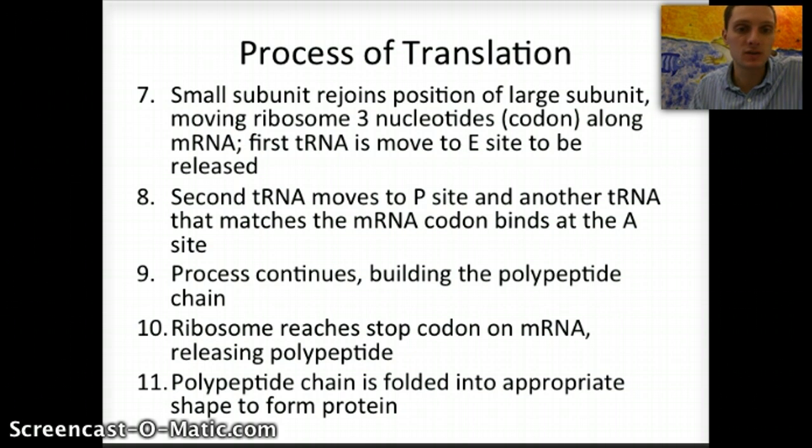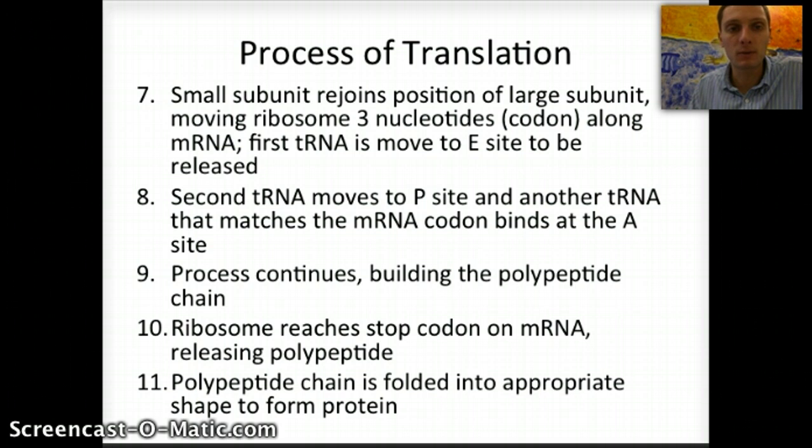This process continues and continues, building a long polypeptide chain, which is a protein. It continues until the ribosome reaches the stop codon on the messenger RNA. You can think of this as an off switch. It indicates that the process should be completed, and no more amino acids should be connected together. And so a polypeptide chain is formed.